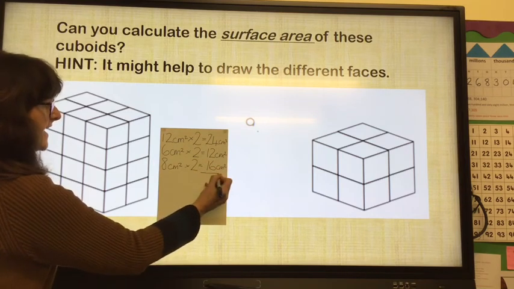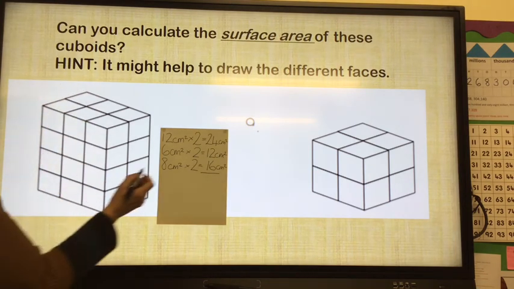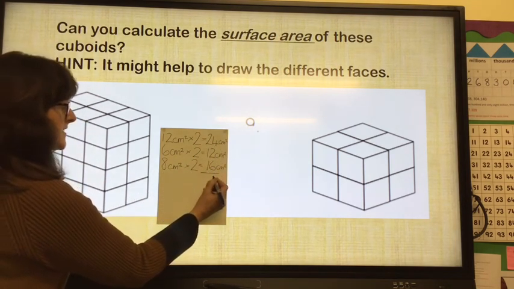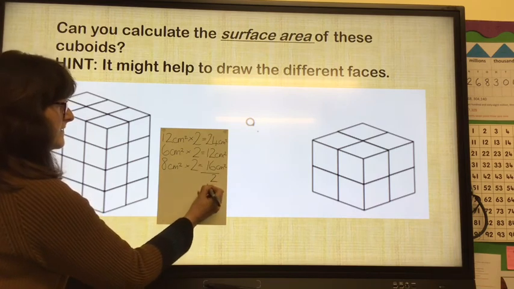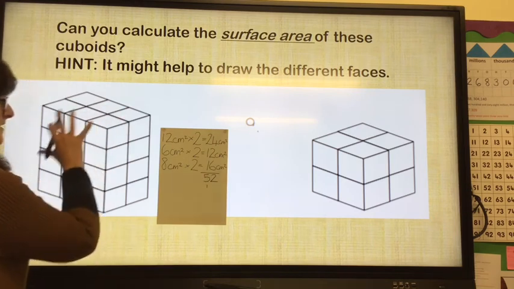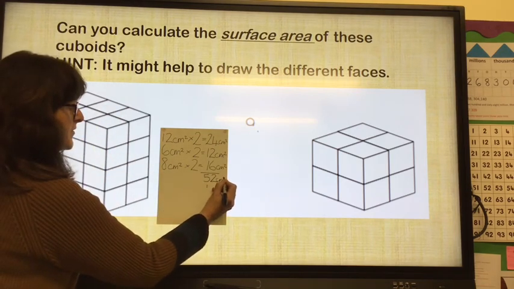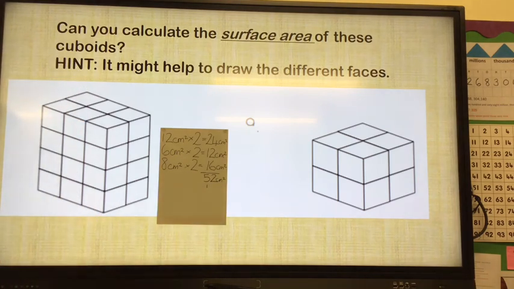I now just need to add up the 6 faces to find the total surface area. 6 and 4 is 10, 2, 2, 3, 4, 5, 52. So the total surface area of that cuboid is 52 centimetres squared. So that is how much paper you would need if you wanted to cover the whole of the cuboid.